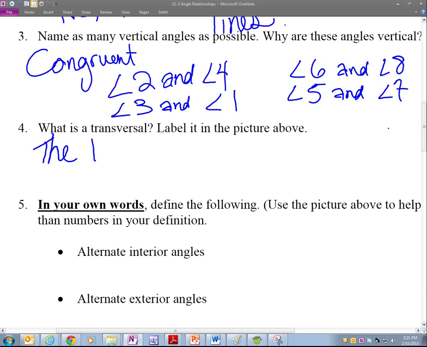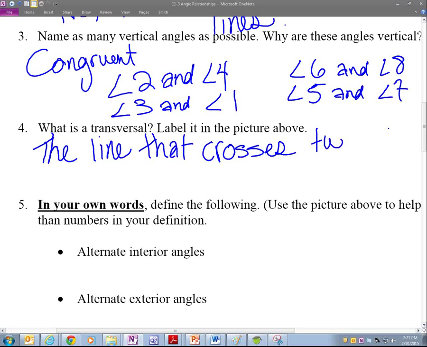So we're going to say, to paraphrase it, the line that crosses two parallel lines. Okay, that double L looks like the Spanish eye, means parallel. And you'll see that on the homework tonight.